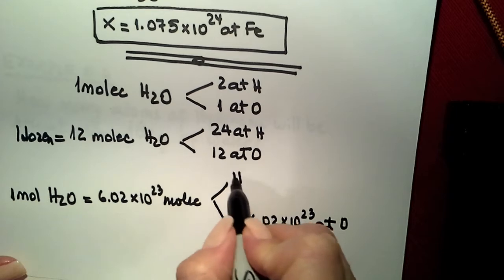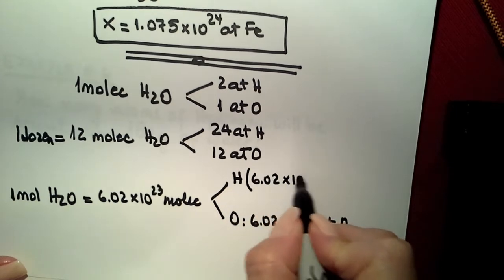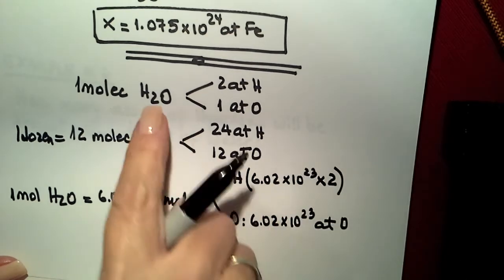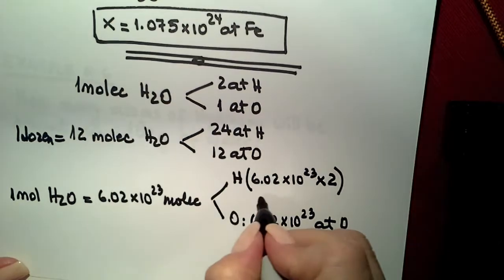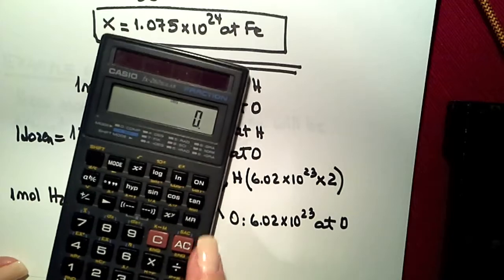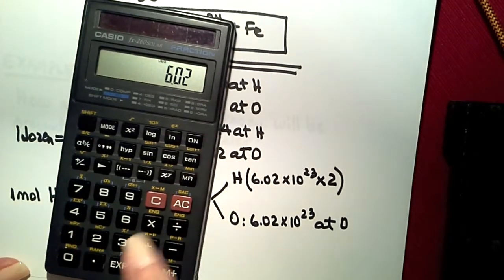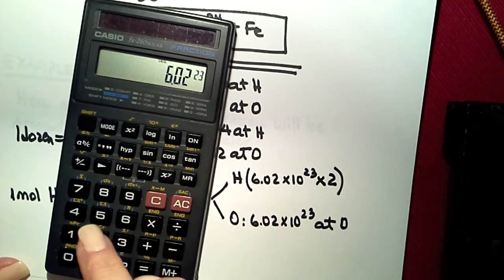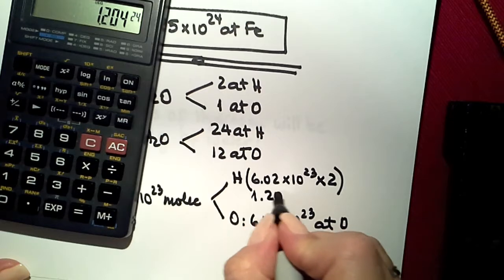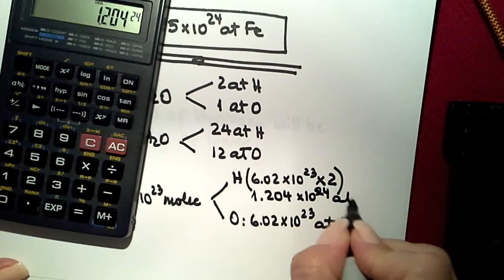But in the case of the hydrogen, we have 6.02 times 10 to the 23rd times 2. Why times 2? Because the hydrogen appears twice. Let's do it with a calculator so we don't make mistakes. 6.02 exponential 23 times 2 is going to be 1.204 times 10 to the 24 atoms of hydrogen.